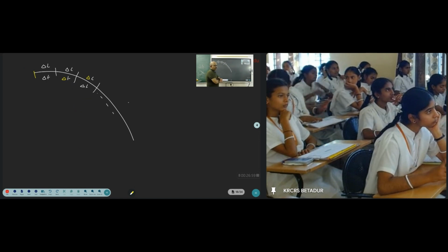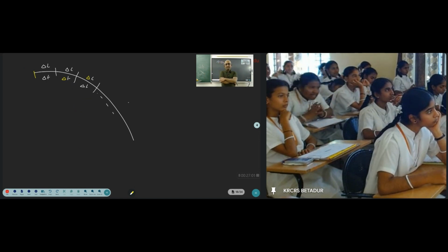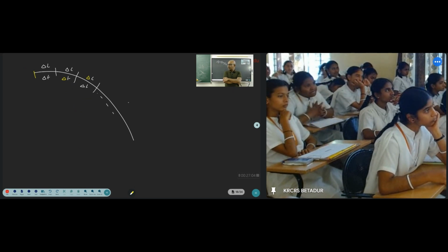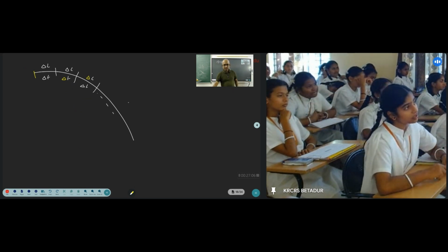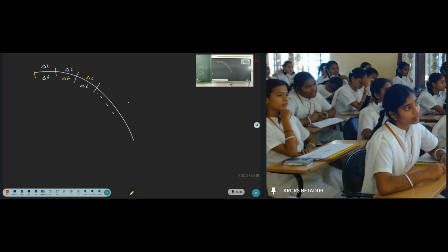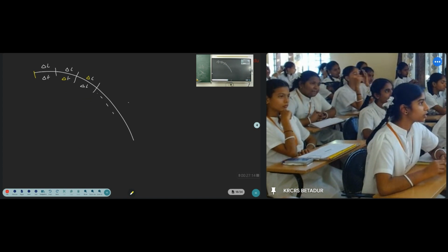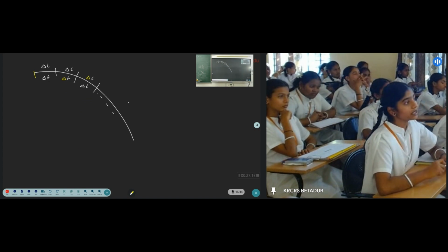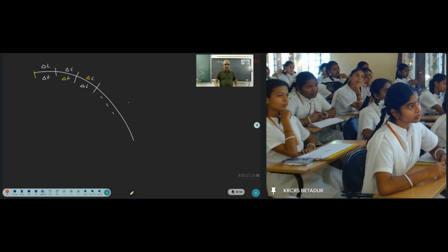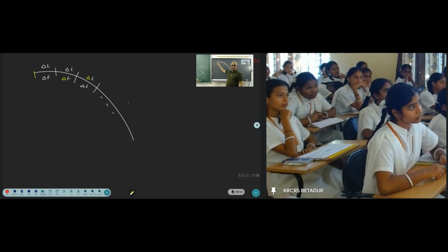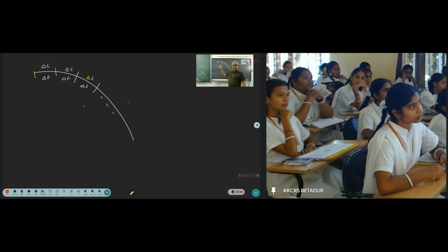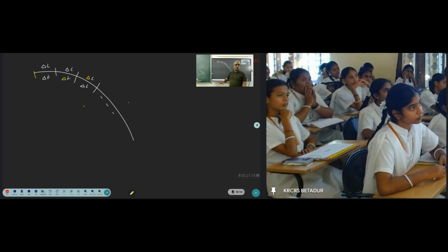Then what type of motion is the body doing? Sir, if the average speed is the same, then it is uniform motion. Brilliant. The time intervals must be the same. The distances traveled in the same intervals of time are equal, therefore the body is going at uniform speed.